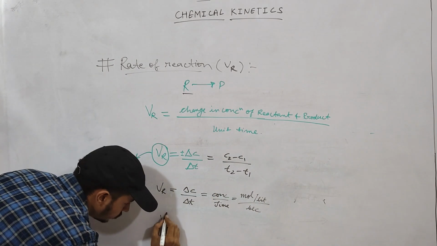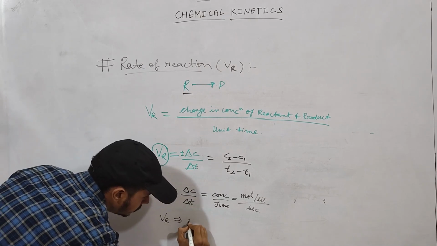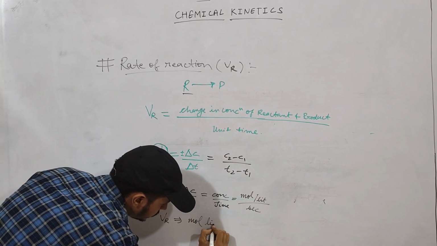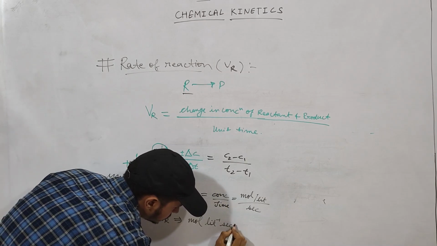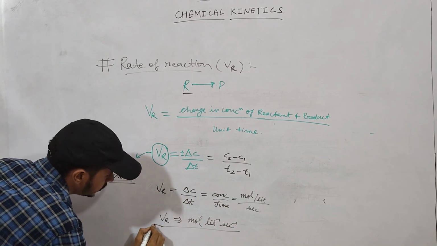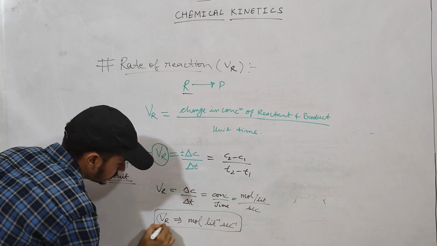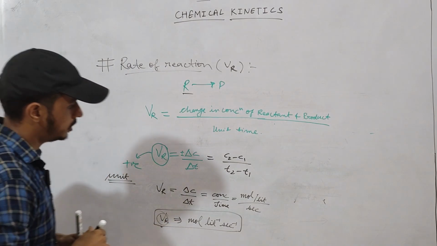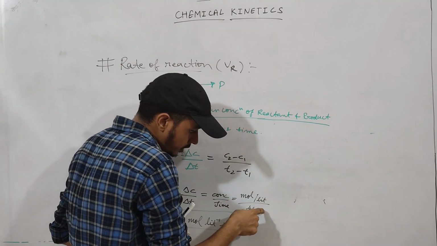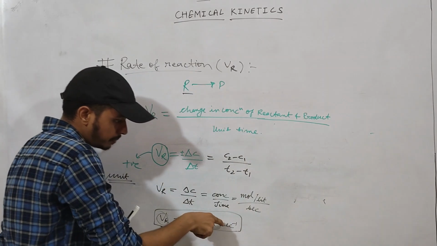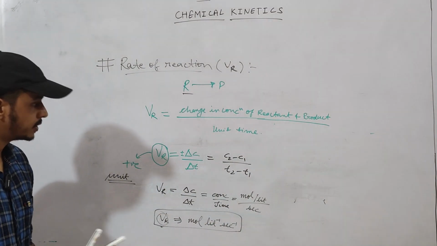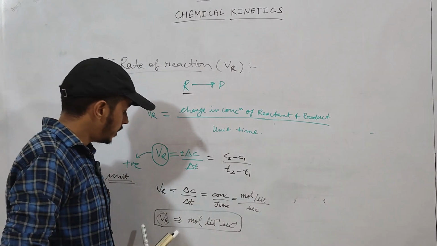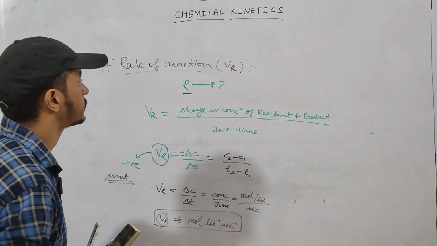So the unit of rate of reaction will be mole liter inverse second inverse. This is the unit for the rate of reaction VR. This liter goes downward in the denominator, so it becomes inverse, and second becomes inverse.